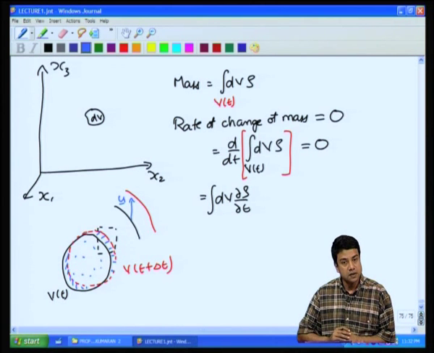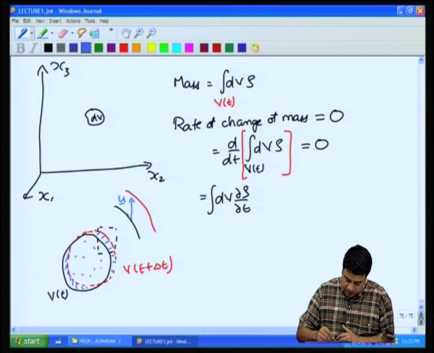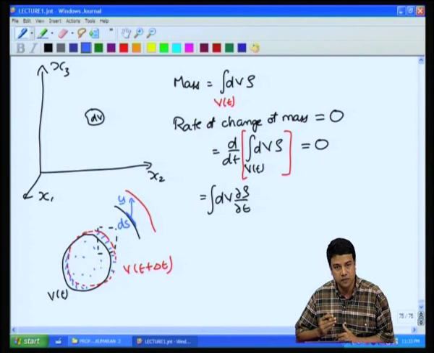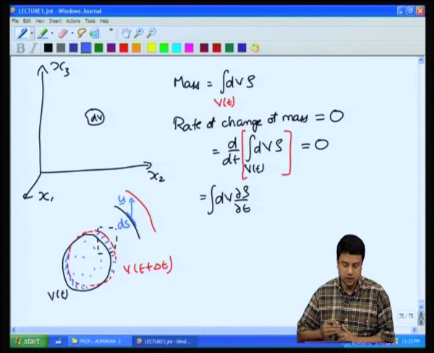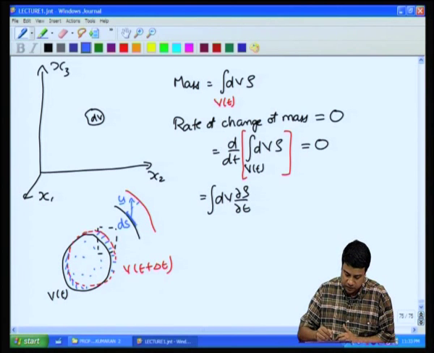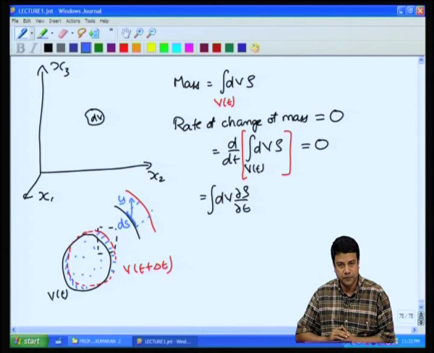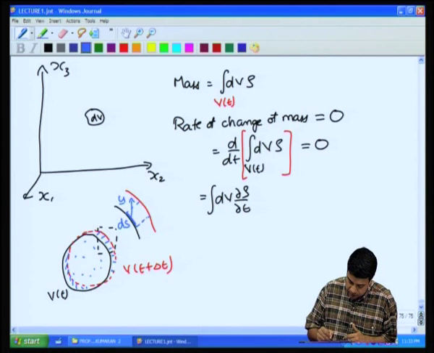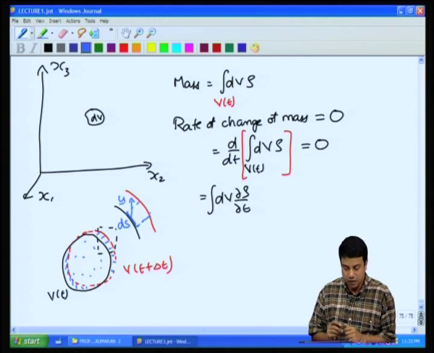If you take this little patch of surface, I will call it ds. How much volume has come into this differential volume because the surface has moved in this way? The volume that has come in is equal to the perpendicular distance that the surface has travelled.